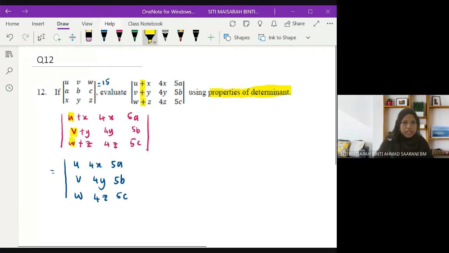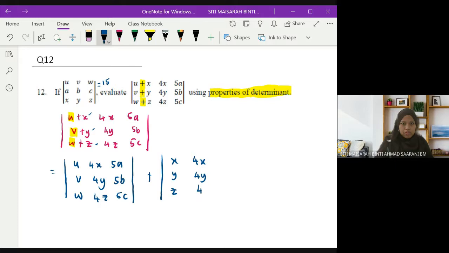Then the second part is, yang kedua pula lah, for first column it should be X, Y, Z. Second column is sama lah, for X, for Y, for Z, and then 5A, 5B, 5C. Okay. Jadi kalau ada tambah tolak dia jadi macam ni lah. Kita pecah dua.